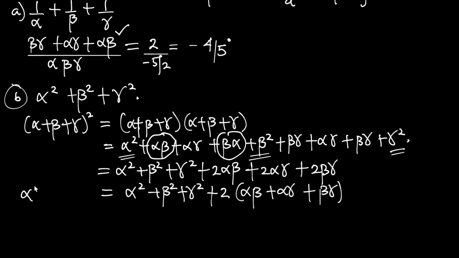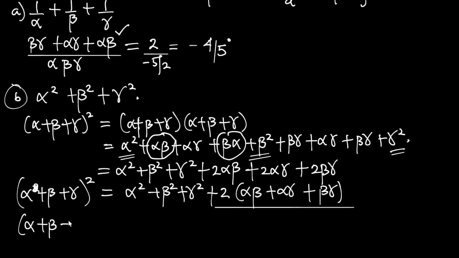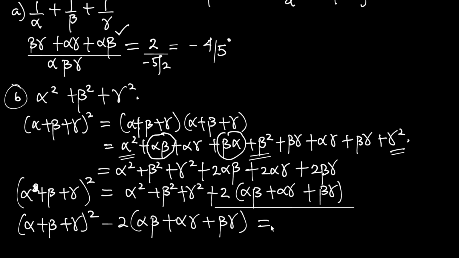Remember that this is what we are coming from. Because what we needed in the first instance is alpha squared plus beta squared plus gamma squared, we can take all of this to the left hand side. So we have alpha plus beta plus gamma all squared minus 2 times alpha beta plus alpha gamma plus beta gamma equals alpha squared plus beta squared plus gamma squared.